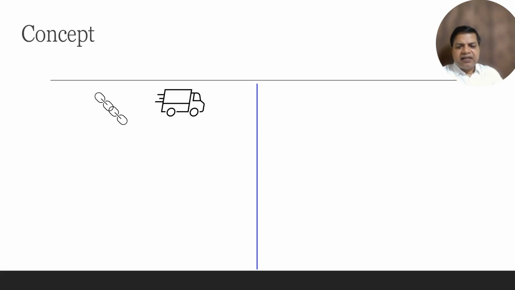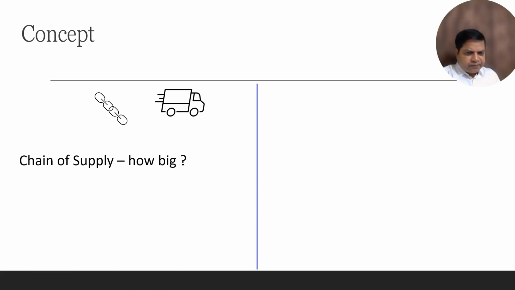We will see further. Let's understand how big the supply chain or chain of supply is. How do we understand what the model of supply chain should be, or how big a company's chain of supply is? So we know a courier company also has a supply chain division.